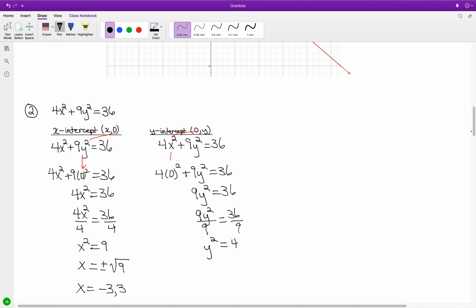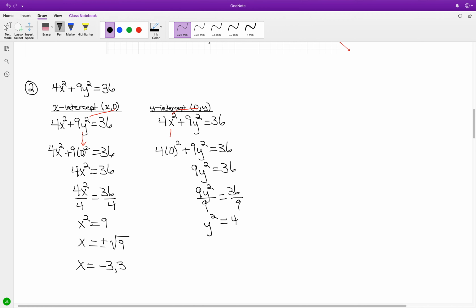For y squared, we can reapply the square root property of equality, so y is equal to plus or minus the square root of 4. From this we have y equal to both 2 and negative 2.